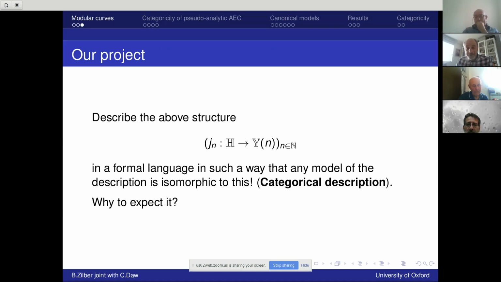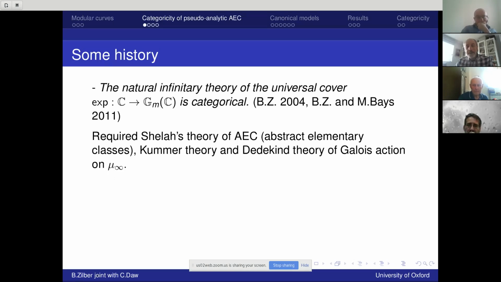But this structure is much more complicated. In particular, it has this analytic nature. So actually, this sort of project, this sort of attempt, was started some years ago.